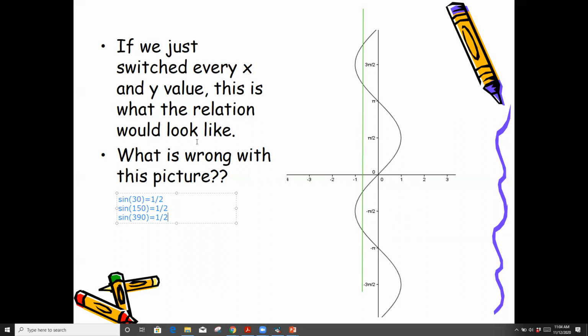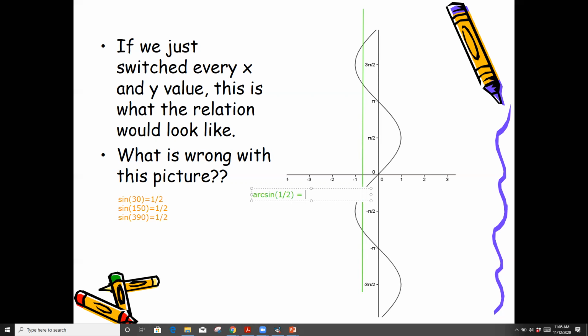Now, if I do the inverse, so now if I did the sine inverse, I'll write arc sine because I don't know how to do exponents on Zoom. So arc sine of 1/2.